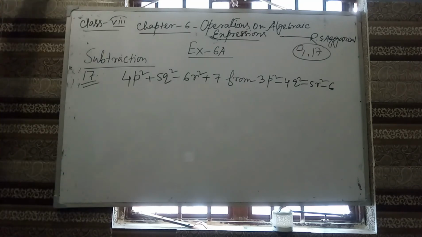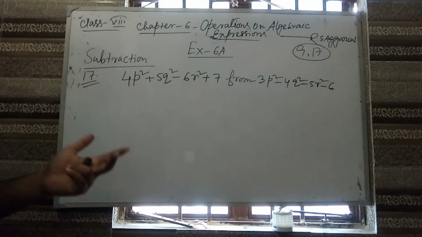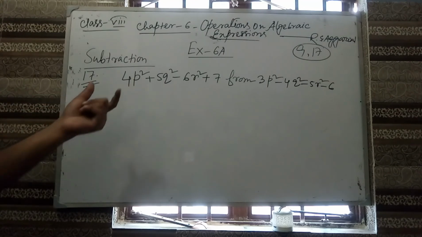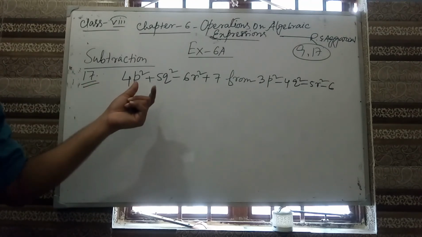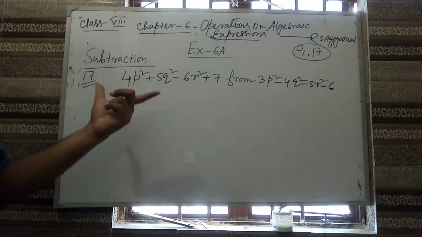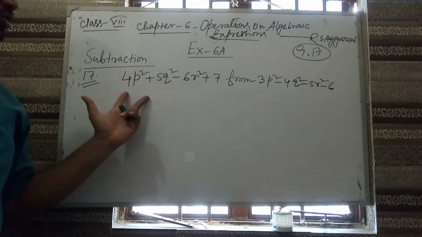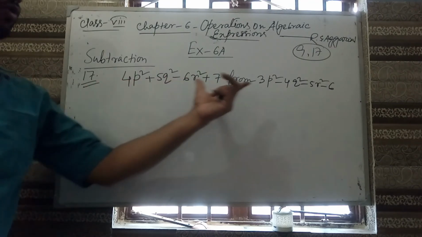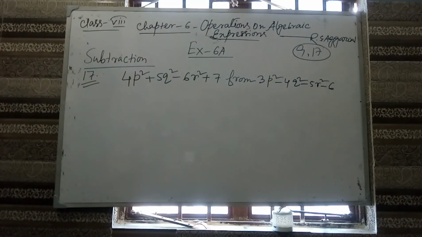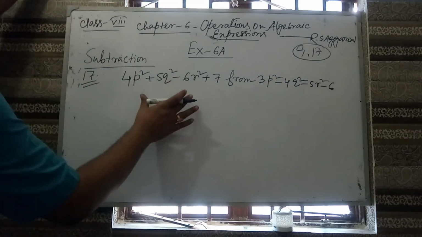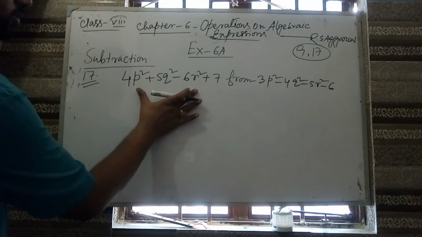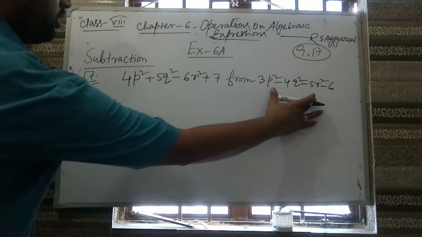Now look, in question number 9 we had only 2 terms, that's why we did in row method, horizontal method. Here we have 4 terms here, 4 terms here. So we will use column method. Write down, we have to subtract this one from this one. So write down this one first.